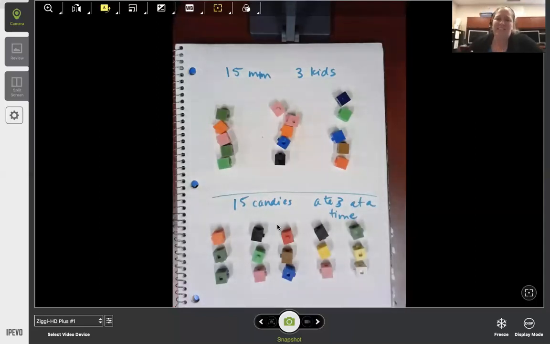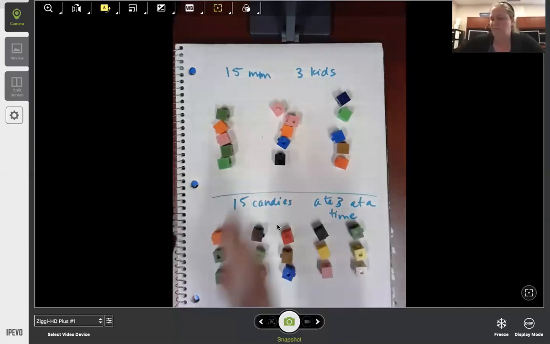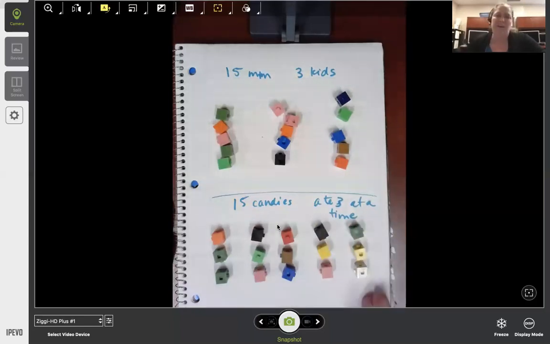And this seems pretty straightforward to us. Of course, you can have 3 groups of 5 or 5 groups of 3, because with multiplication you can do 3 times 5 or 5 times 3 and it will get you to the same place. So as adults, this seems pretty logical.